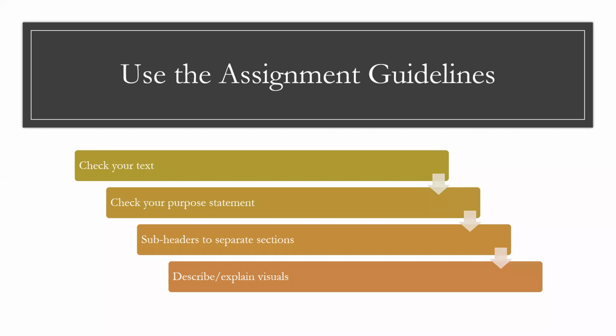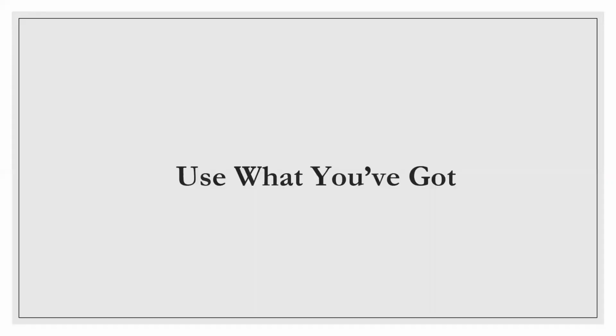Use the assignment guidelines when drafting your rough draft to avoid submitting just text or just visuals. You have to attempt to marry both of these things to submit a successful rough draft. In my class, you can use information already gathered in discussion posts, in class, or online work to create your draft.